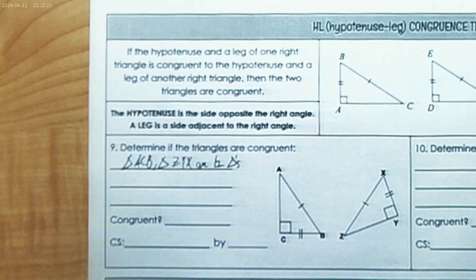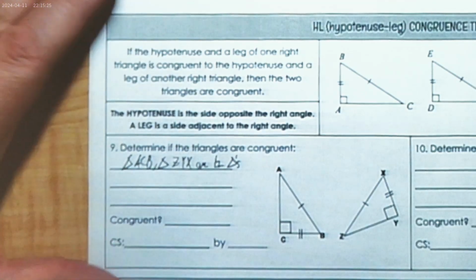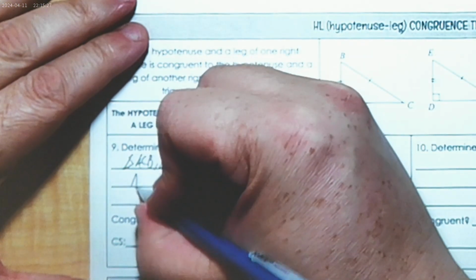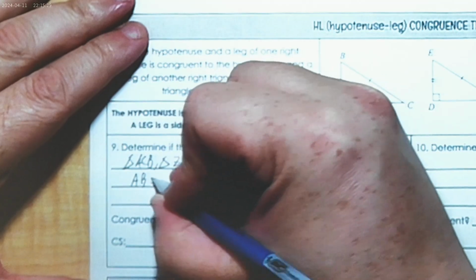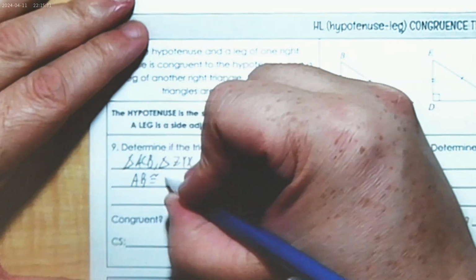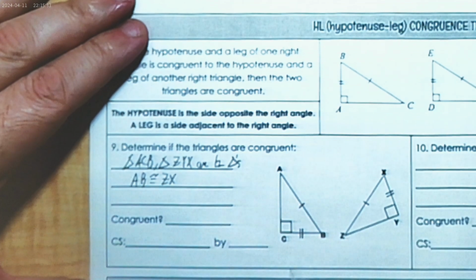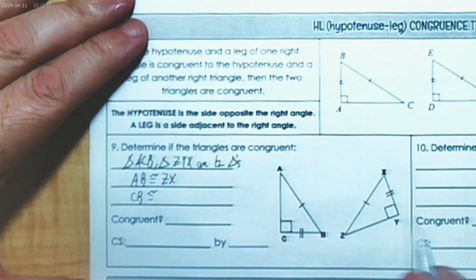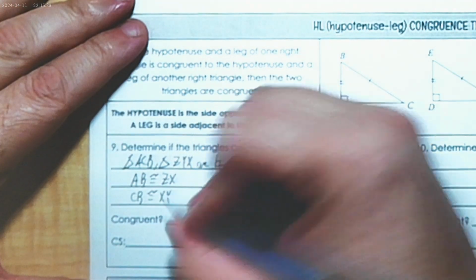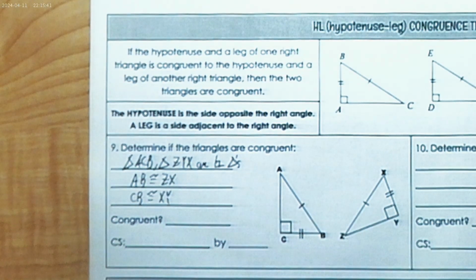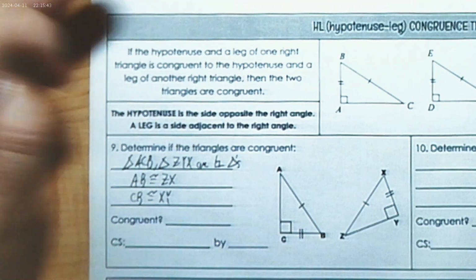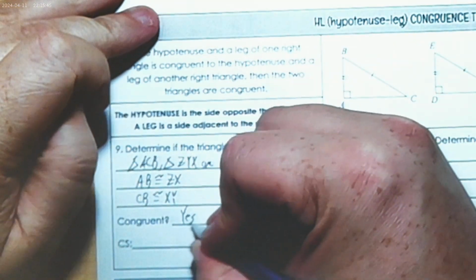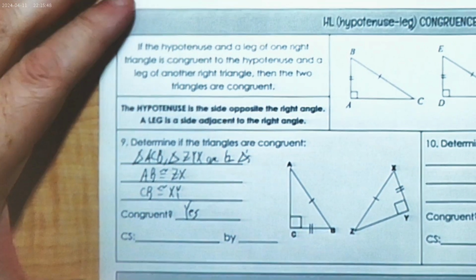So now that we've established that they're right triangles, AB is congruent to ZX, and CB is congruent to XY. So are these two triangles congruent? Yes. So what is the congruency statement?